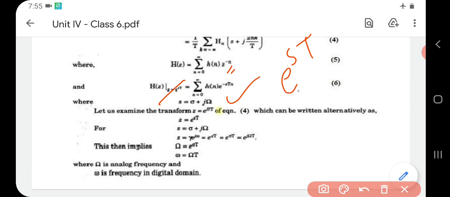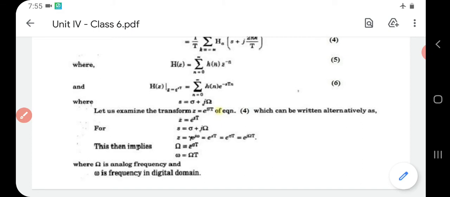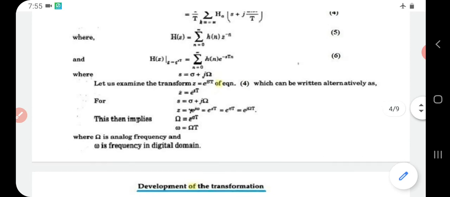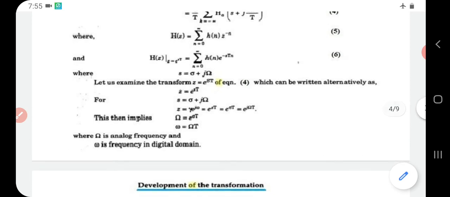Now we examine the transform z equals e raised to sT of equation 4, which is written in another form as z equals e raised to sT, where s equals sigma plus j omega, and so z is again written in this form.